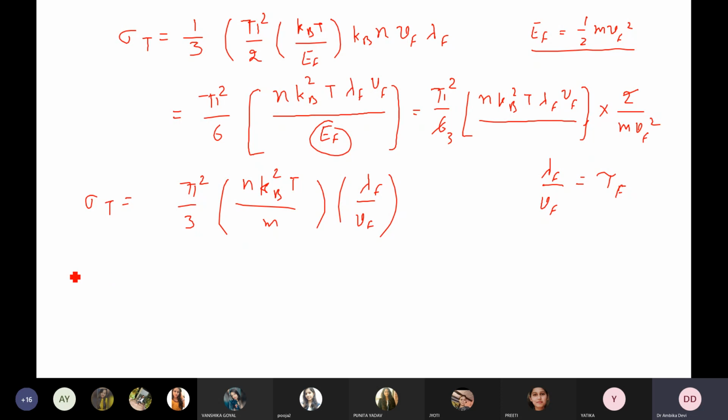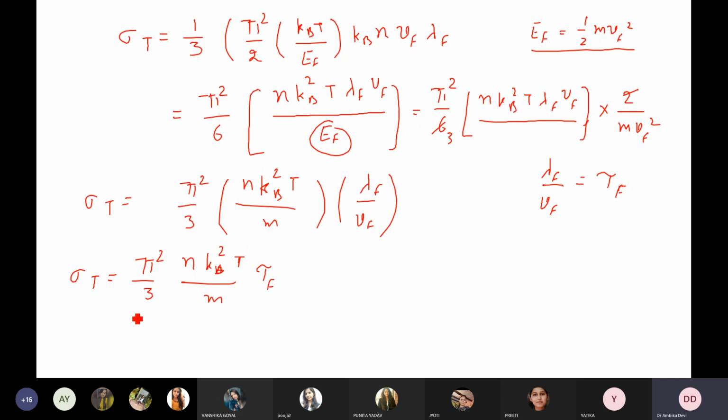Okay. So sigma t is further equal to pi square by 3 n kb square t upon m into tau f, where tau f is equal to lambda f upon vf. Okay.